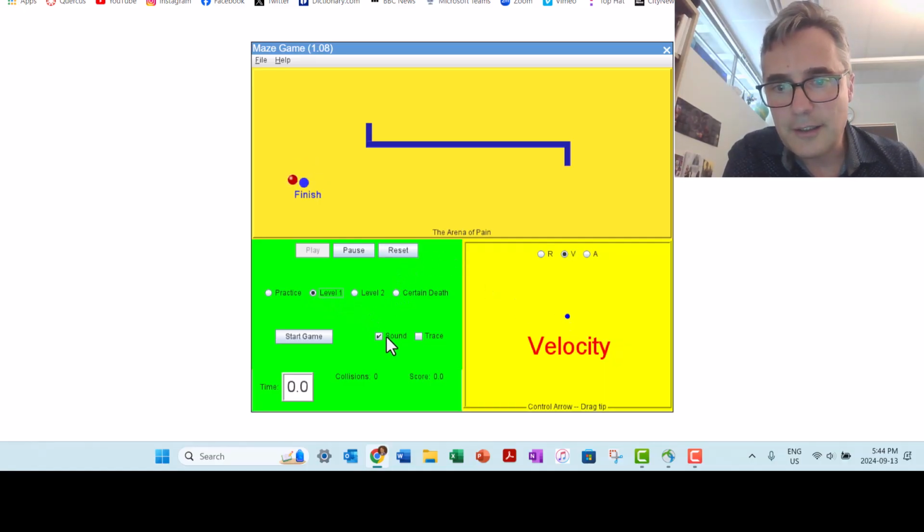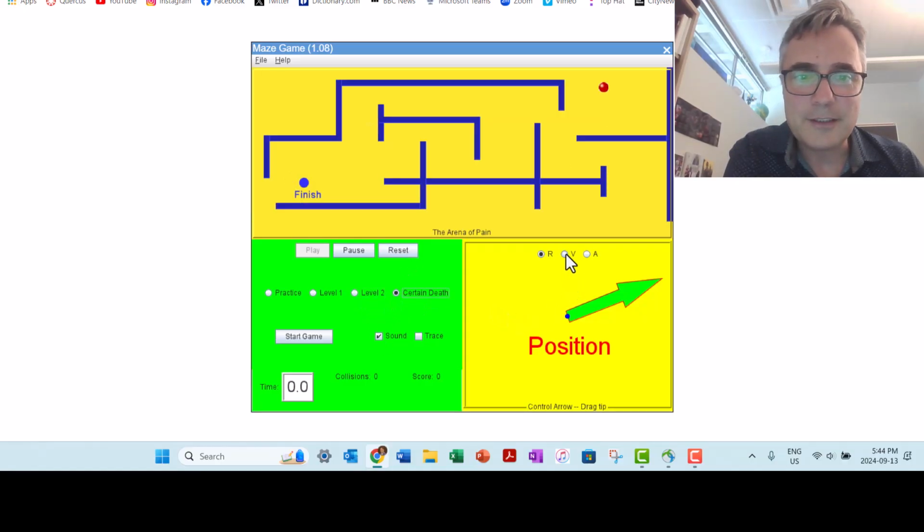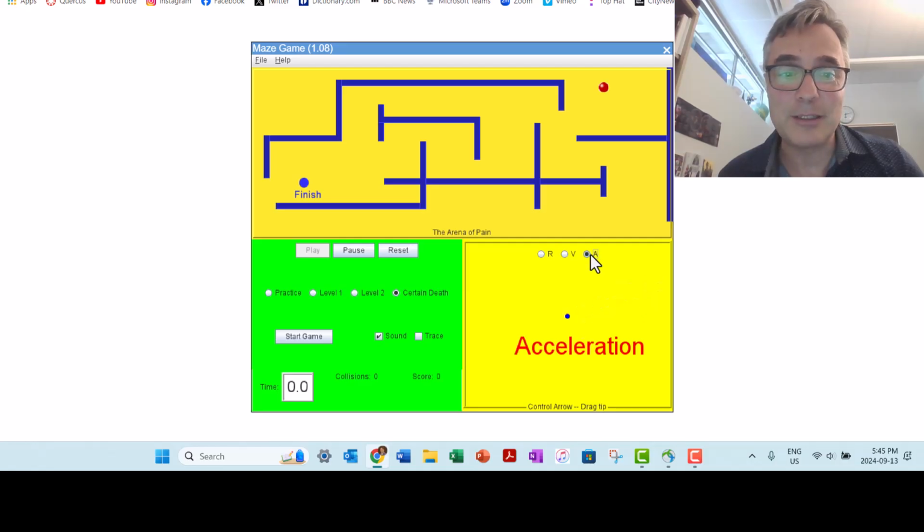You can add boundaries. There's something called certain death. Let's see if we can do it. So we'll reset. Now, the real trick, and I don't think anyone's going to be able to do this one, is acceleration. And this is like you're kind of giving it force. It just coasts. It wants to coast all the time.